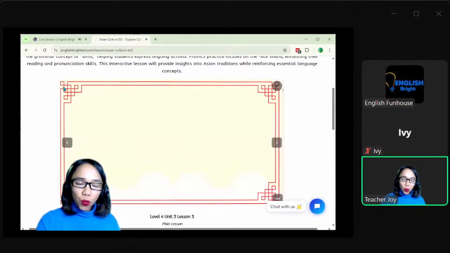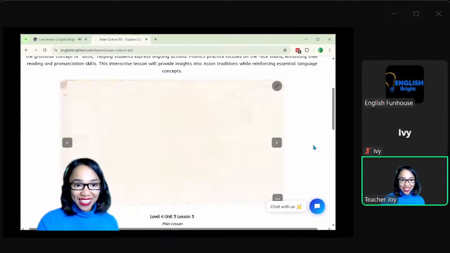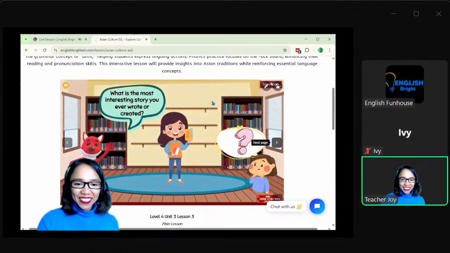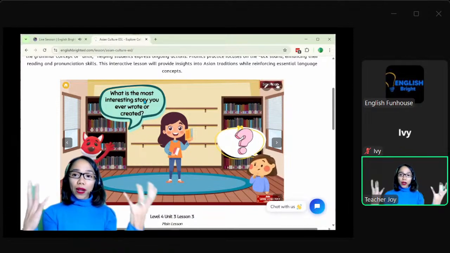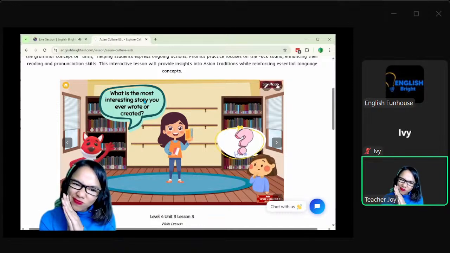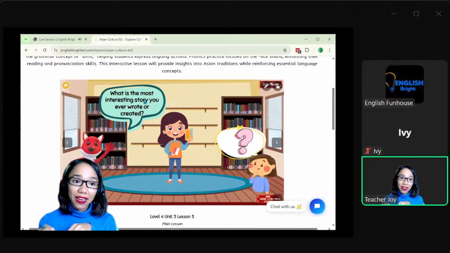Another way you can strengthen the conversational practice, we got say more here. Let me see. All right, so you can ask this question. This may be a little harder for some to answer. When you think it's hard for them to answer the question, you have to model it. So you answer it. You have to show them that it's okay to think, and you can be patient, give them time to think.